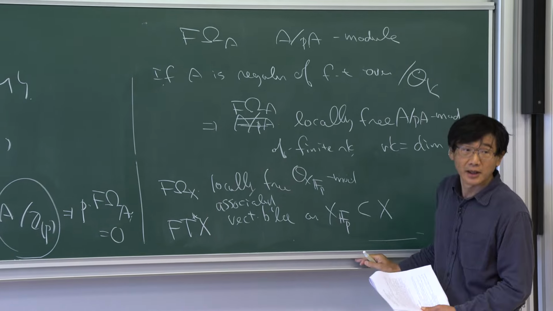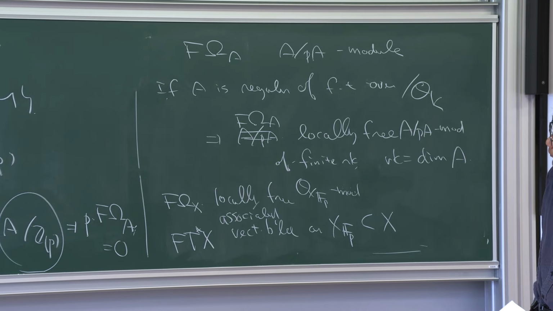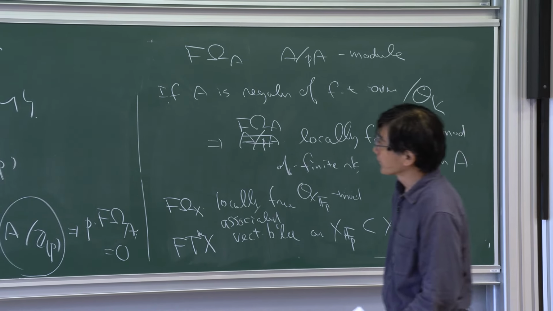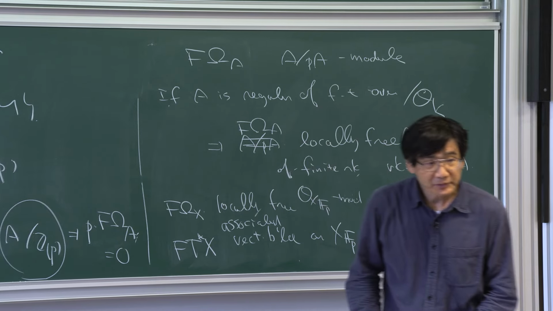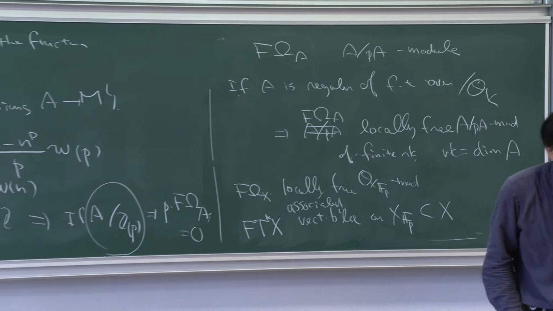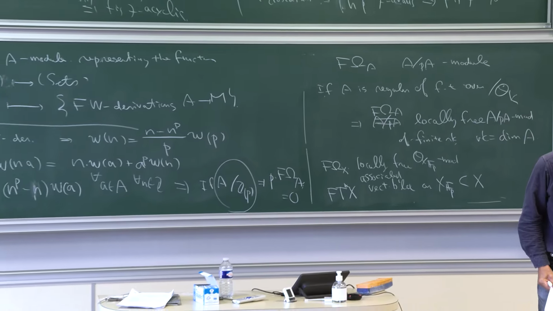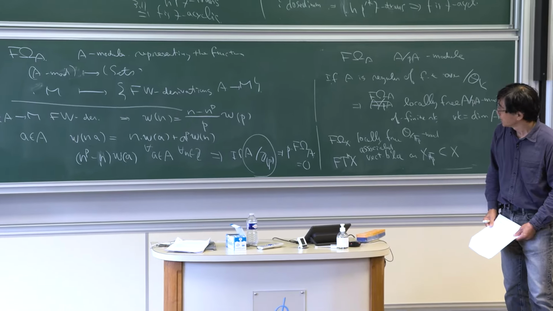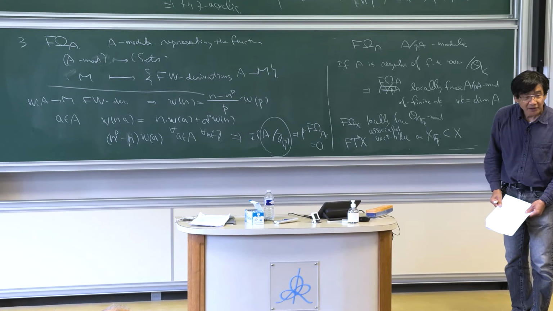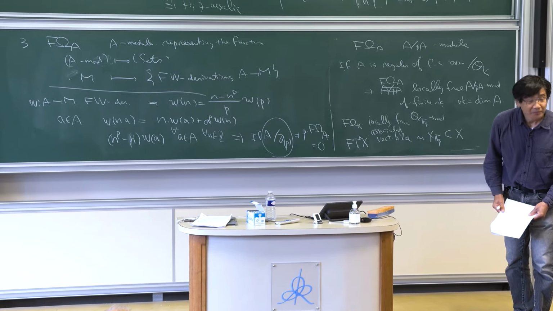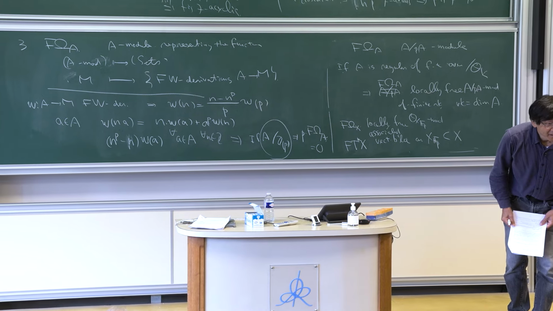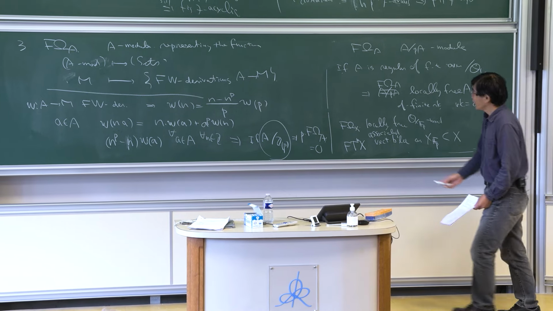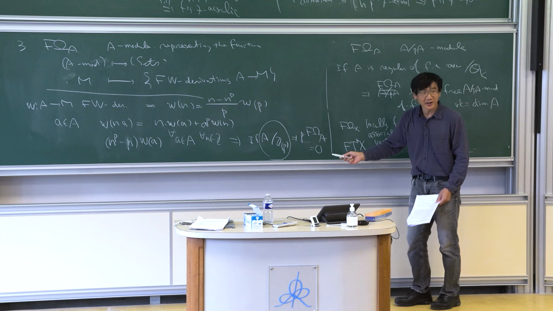So you claim that F omega is supported on the closed fiber. What was the logic? Could you explain that again?